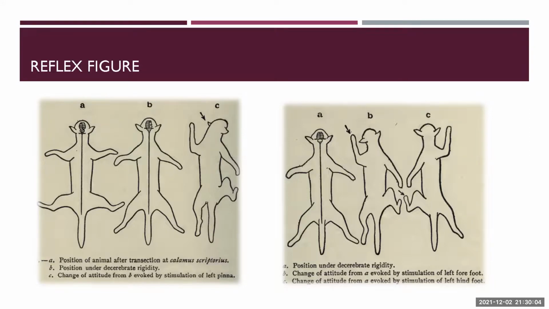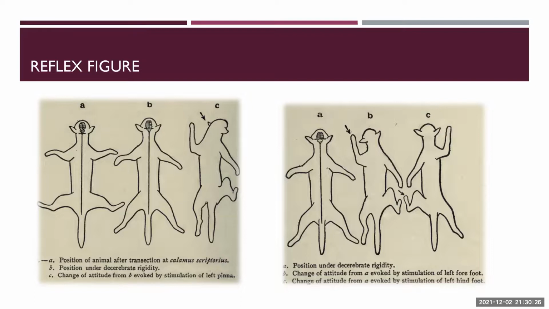In the second figure, that is B, when the stimulus is given to the forelimb, the response is produced in the homonymous hind limb and the tail, then the crossed hind limb, then the crossed forelimb. So it goes in a particular pattern.